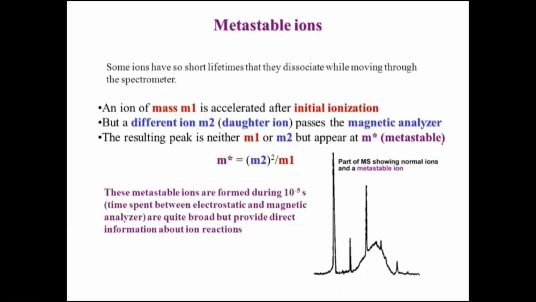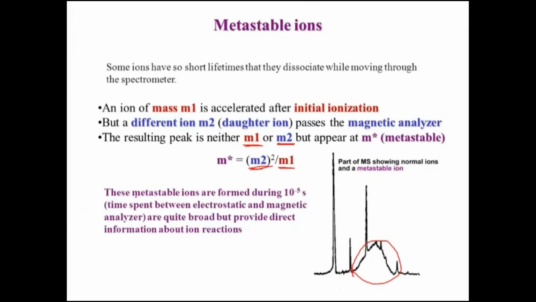The original ion which was formed may have mass m1, and after degradation in the analyzer it got a reduced mass m2. So you will get a diffused, broad peak like this, whose value will be equal to m2 square divided by m1.